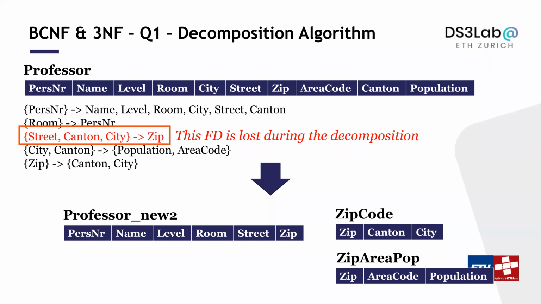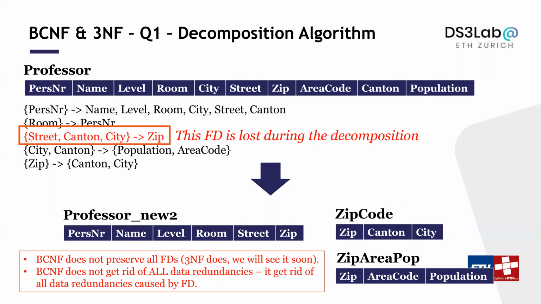decomposition. I have a relation with street and zip code, and a relation with zip code, city, without street. So there's no relation containing all the attributes, which means that after my decomposition, I cannot enforce that. This functional dependency in my input gets lost during decomposition.